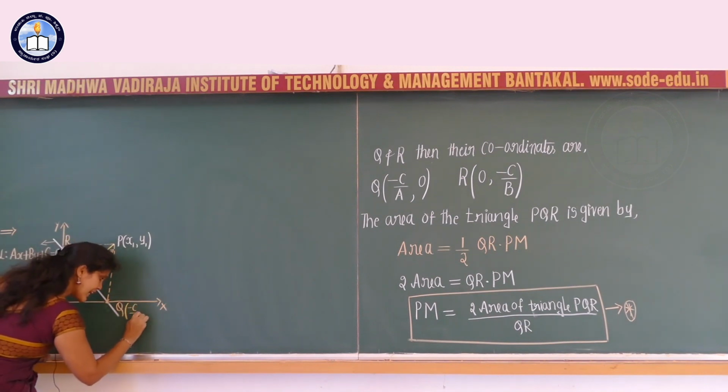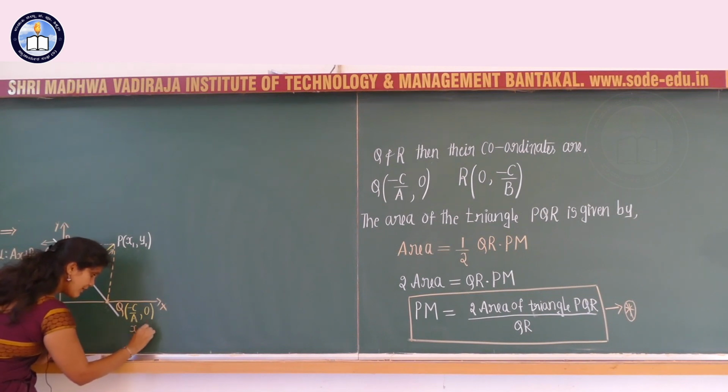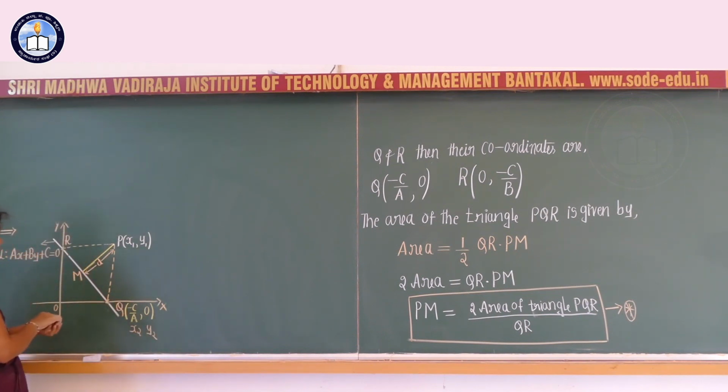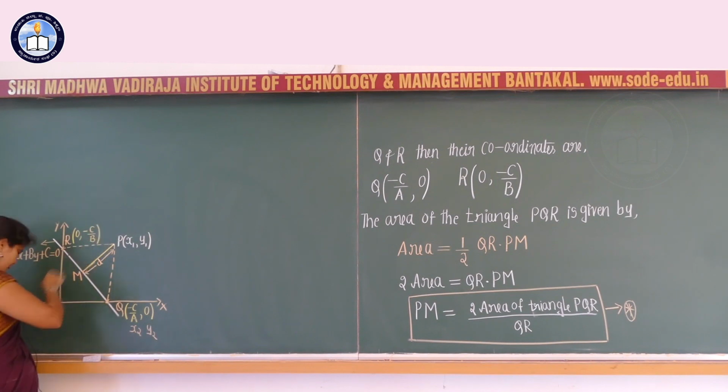Minus c by a, 0. So, this I will consider as x2, y2, second coordinate, and R with the coordinates, what are coordinates of the point R? That is nothing but 0, minus c divided by b. So, this I am considering as x3, y3, right.